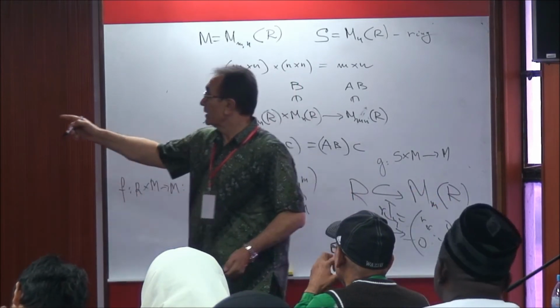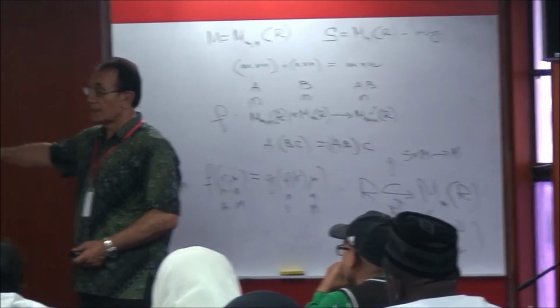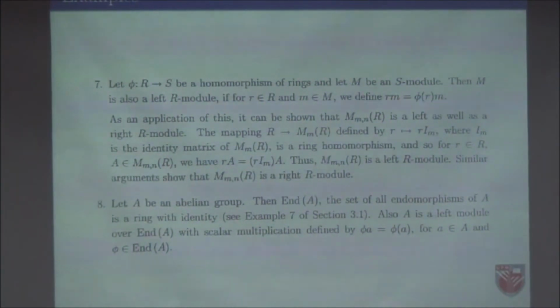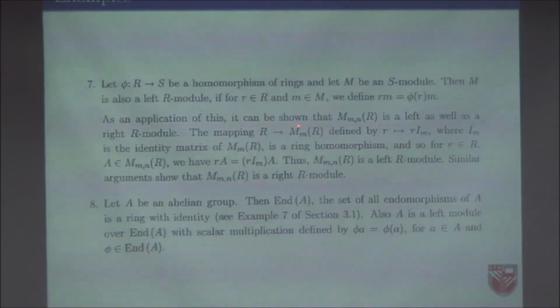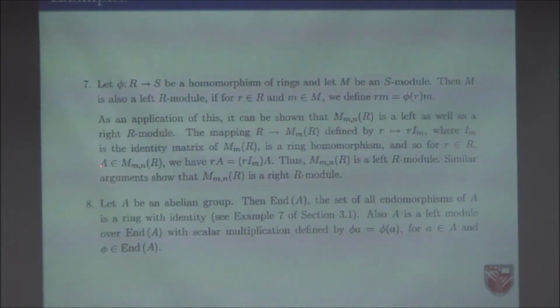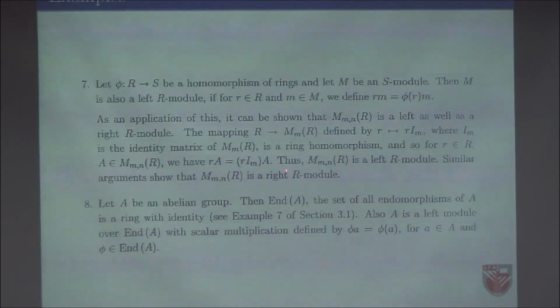So that's why, if you include your R in M by M matrices, as we have just shown, then you can multiply from the right side, and you get a left module.